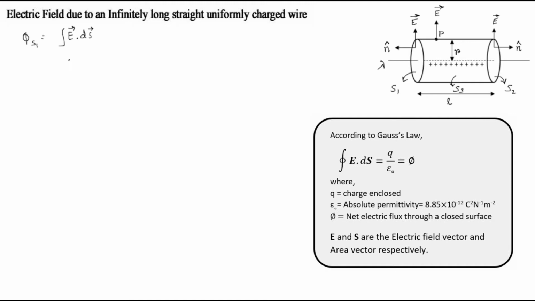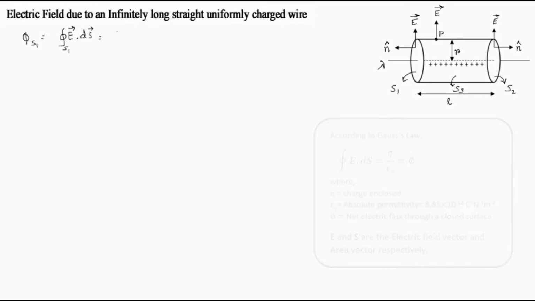Again, this is a surface integral and we are calculating for the surface S1. Now, if I expand this a bit, it becomes the surface integral over S1 of E ds cos theta.